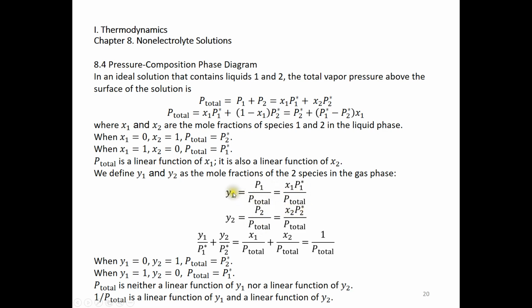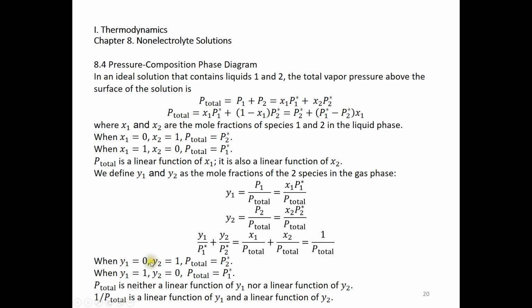Now let's divide y1 by P1 star, divide y2 by P2 star, and then sum it up. y1 over P1 star is x1 over P total, and y2 over P2 star is x2 over P total. We can combine this because they share the same denominator, and x1 plus x2 is just 1.